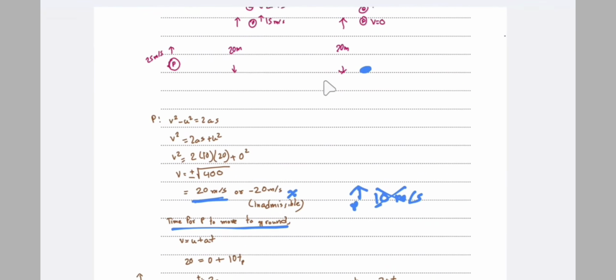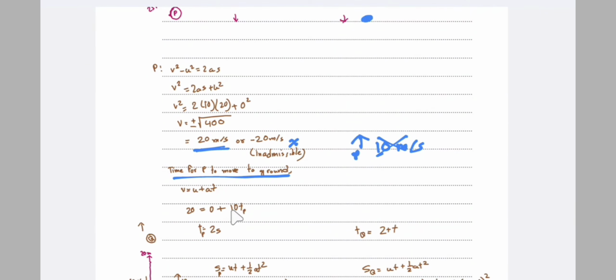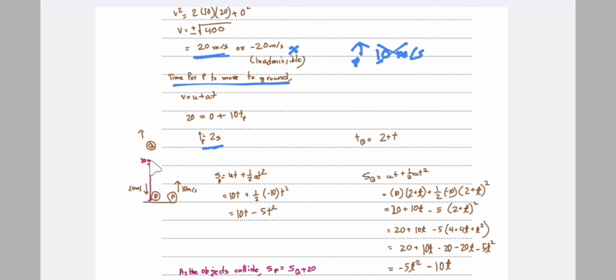The initial speed U is 0 meter per second. Since it is moving downward, the acceleration is positive. So after substituting the value, we find the time for P from 20 meter height to the ground is 2 seconds. P took about 2 seconds to reach the ground from the 20 meter height.